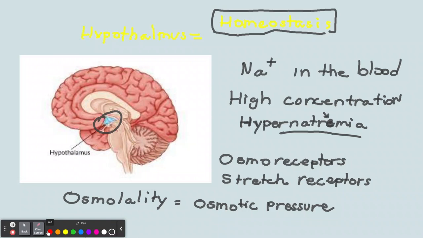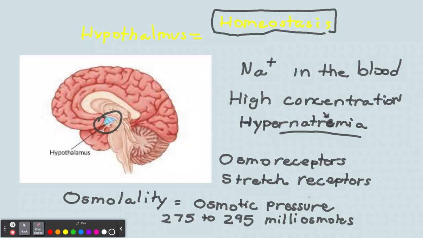Let's get the normal range here for you. Normal osmotic pressure range is 275 to 295 milliosmoles per kilogram of water.